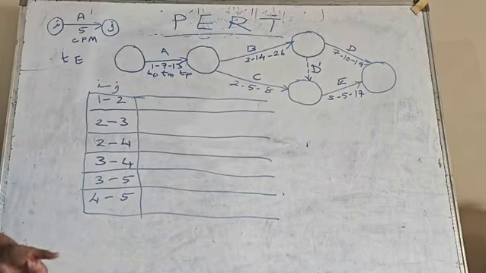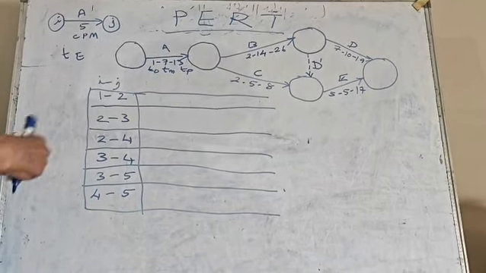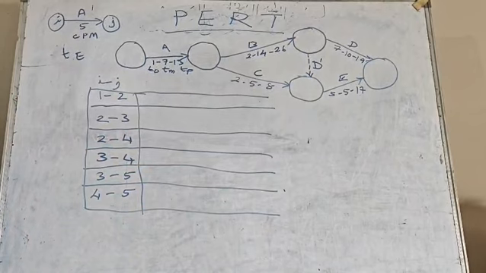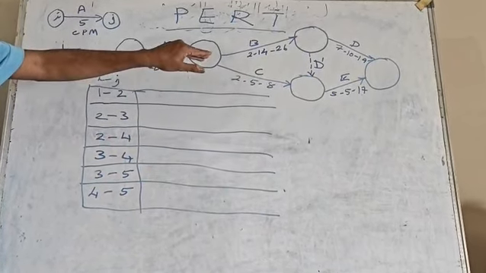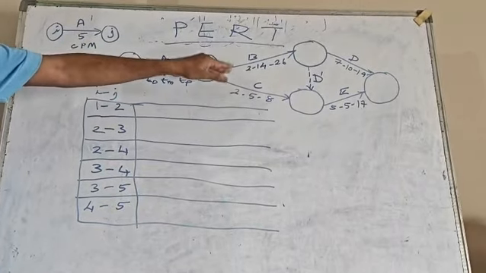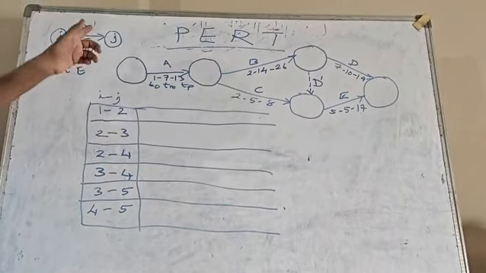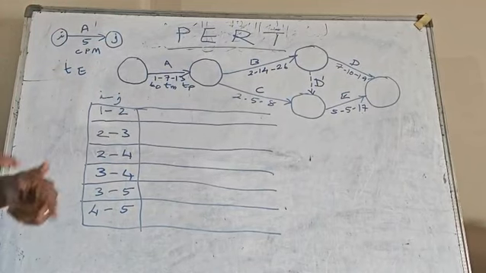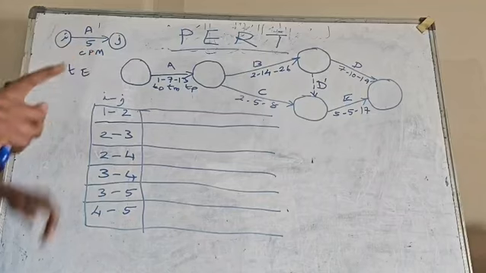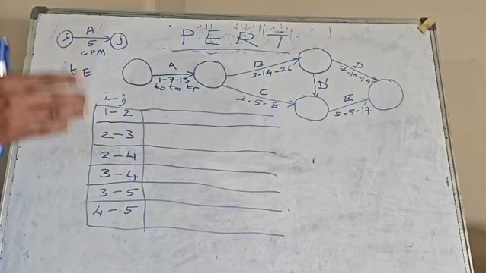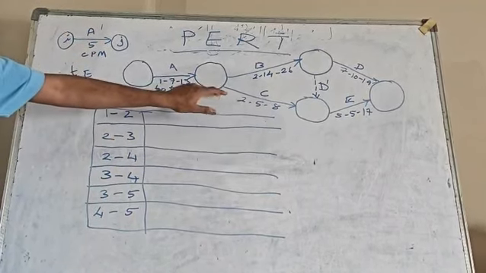Now you may ask why this difference needs to be taken care of, and where it will occur. It will occur mostly in research projects. PERT can come across in research projects, and CPM mostly in building projects, which are deterministic, where the end date is final. Here the end date is not final.